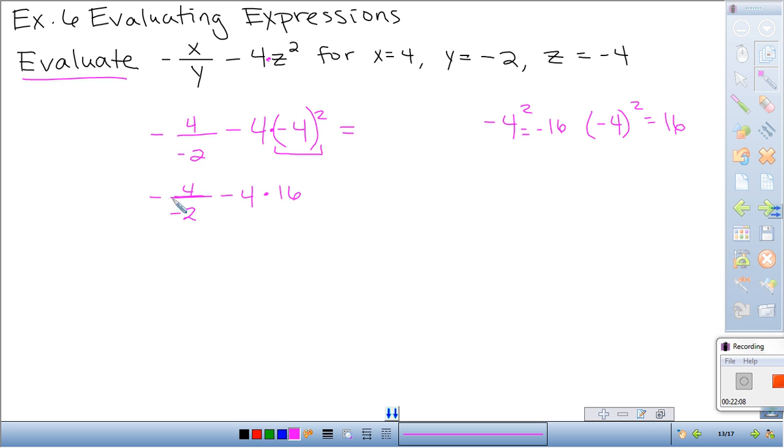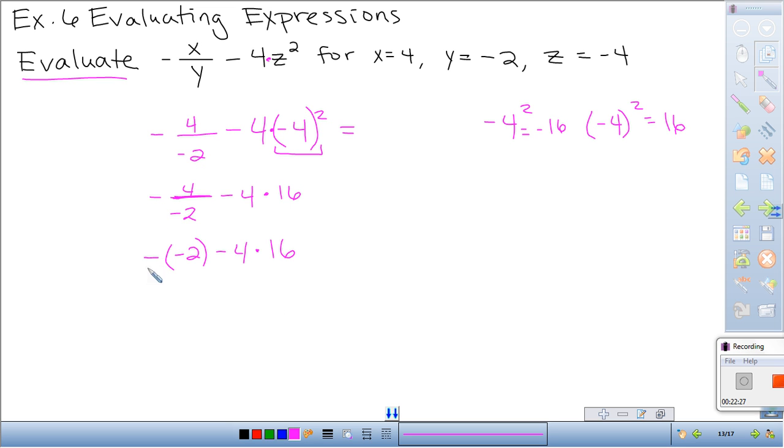Notice that this is also a division bar, so we have to divide before we can multiply over here. So this is the opposite of 4 divided by negative 2. A positive divided by a negative would give us a negative, so negative 2 minus 4 times 16.